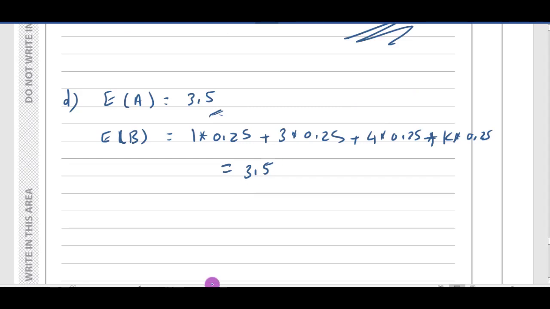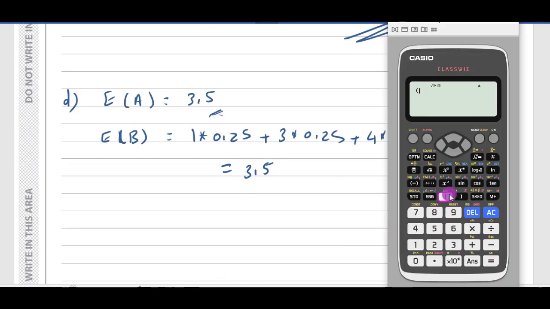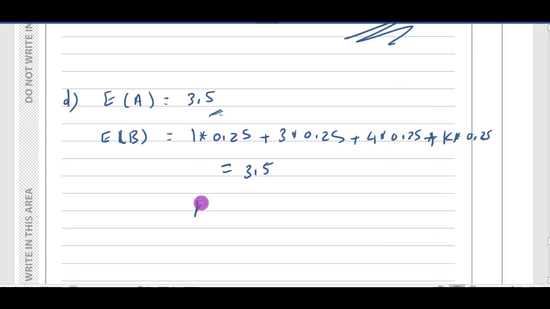So let us bring our calculator. We have 3.5 minus 0.25 plus 3 multiplied by 0.25 minus 4 by 0.25, this value divided by 0.25, so K is equal to 6. K equal to 6, and this is the answer of this question.